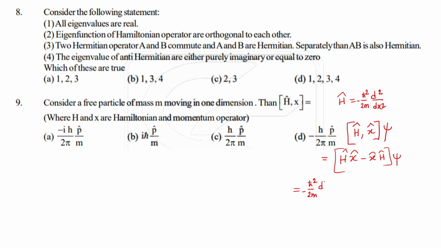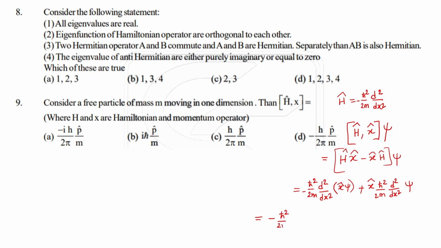So minus h cut square by 2m d2 by dx square of x and psi. And then minus xh, and it is minus minus, it will become plus h cut square by 2m x d2 psi by dx square. Now you see this double derivative will work both on x and psi. So we can go step by step.